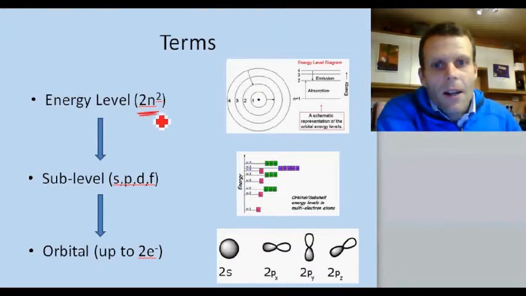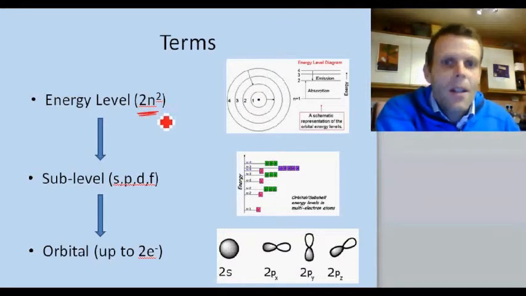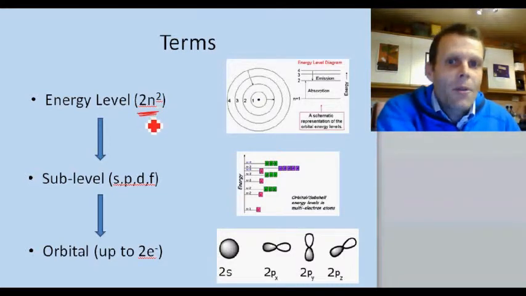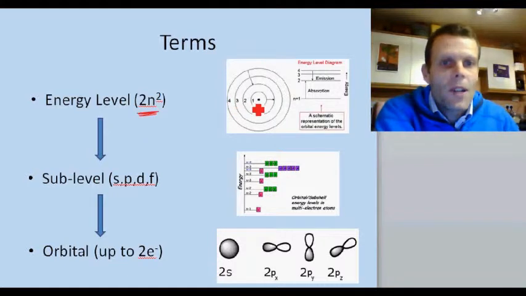And as a little aside, for the first few energy levels at least, if you write the energy level number into this equation, it tells you how many electrons can go into that energy level. So for our first energy level, it can hold 2 electrons. Our second energy level can hold 2 times 2 squared, which is 8 electrons. Our third energy level can hold 2 times 3 squared, which is 18 electrons. It's a useful little rule of thumb.